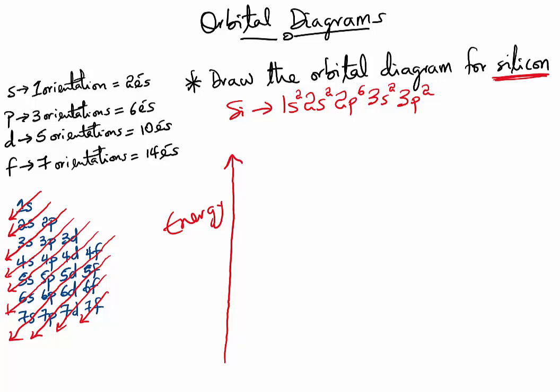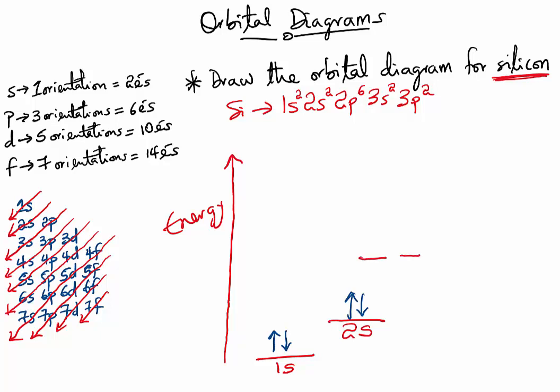diagrammatically. The 1s2 orbital is the lowest energy orbital, and the 2 electrons will be spinning in opposite directions. The next higher energy orbital is the 2s orbital, and the 2s orbital also has 2 electrons spinning in opposite directions. After that comes the 2p orbital.